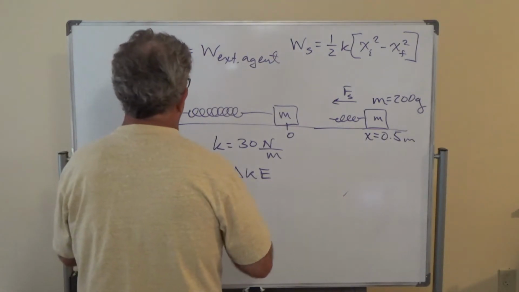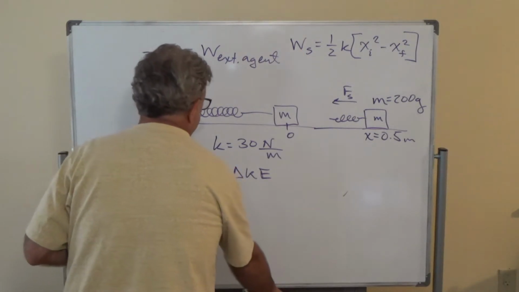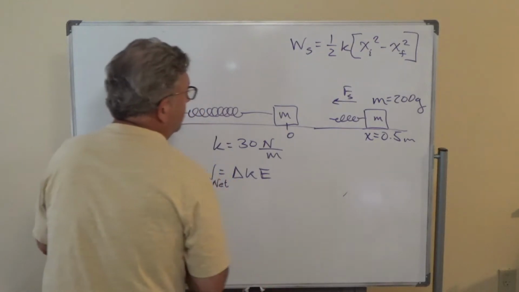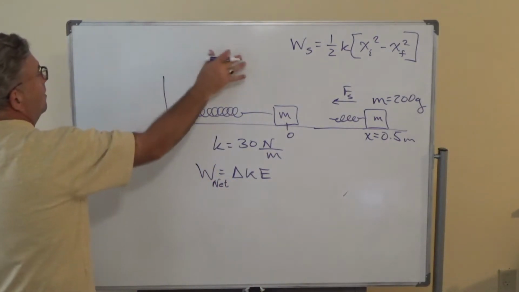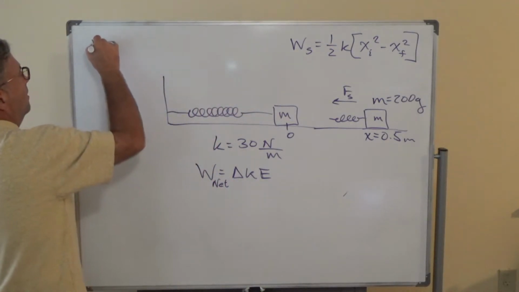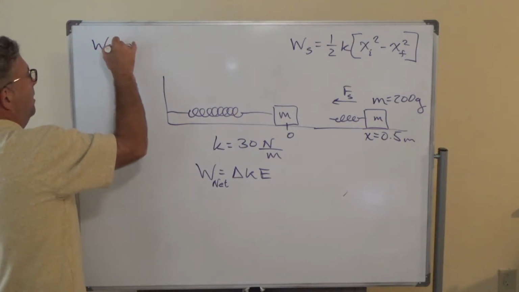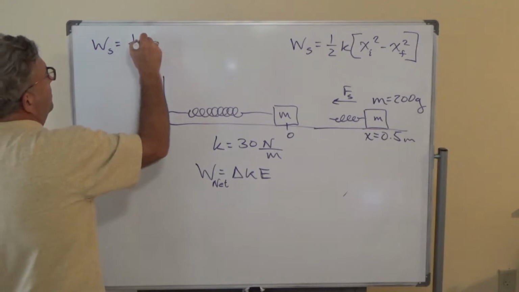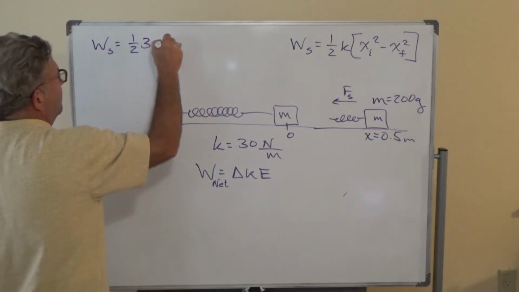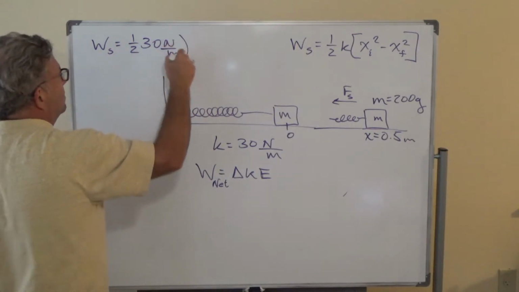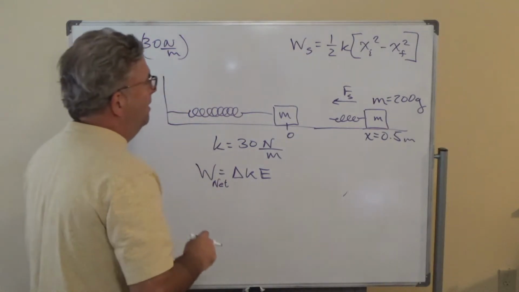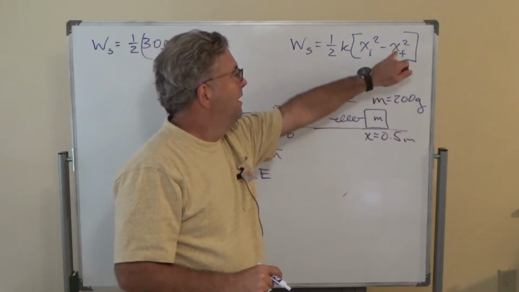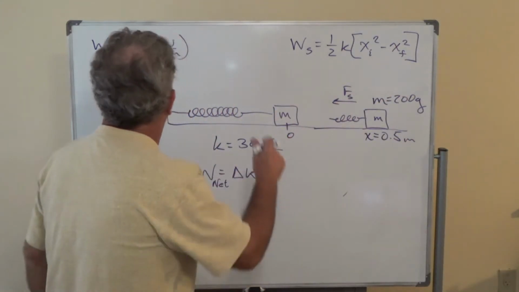I'll write it up here. The work done by the spring, the net work, is equal to 1/2 times 30 newton meters. This is going to be a simple calculation. Now, x initial is 0.5 and x final is 0.